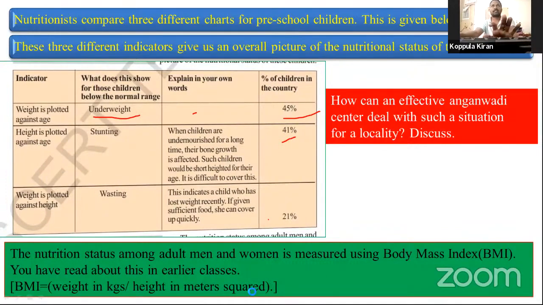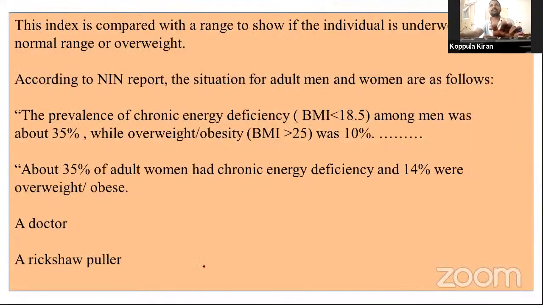Okay, this is how our nutritional status is calculated, by BMI. This index is compared with a range to show if the individual is underweight, in the normal range, or overweight. If they do not take nutritional food, we generally call them underweight, within normal range, or overweight.